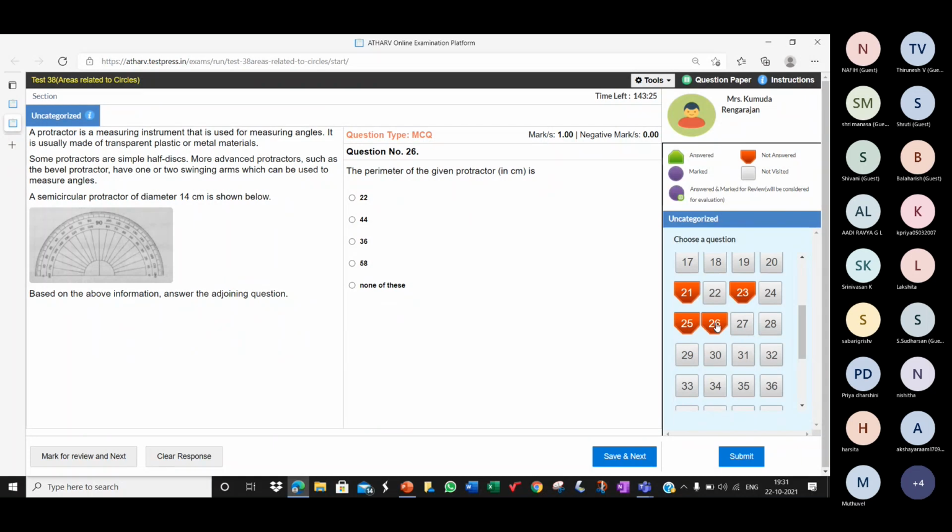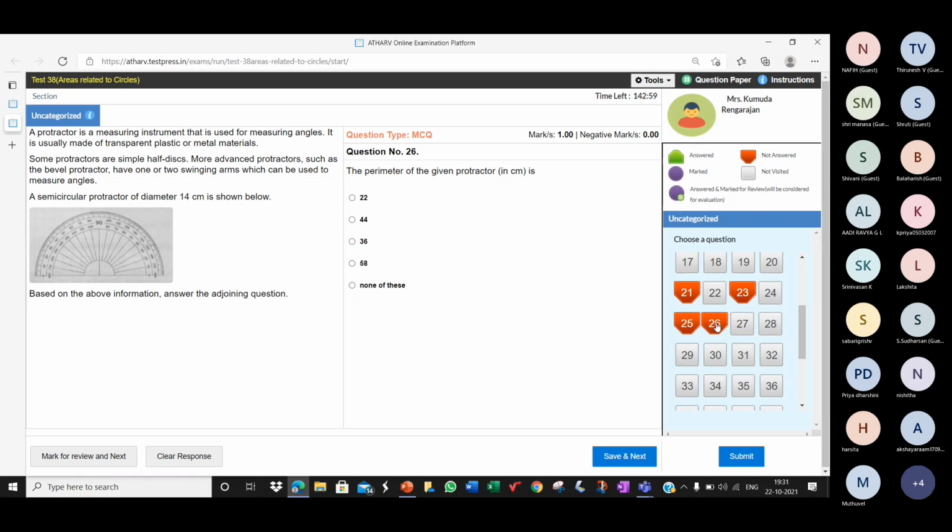A protractor is a measuring instrument that is used for measuring angles. It is usually made of transparent plastic or metal materials. Some protractors are simple half discs. More advanced protractors such as the bevel protractor have one or two swinging arms which can be used to measure angles.